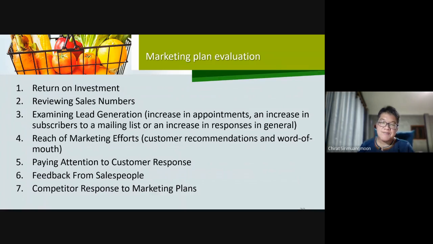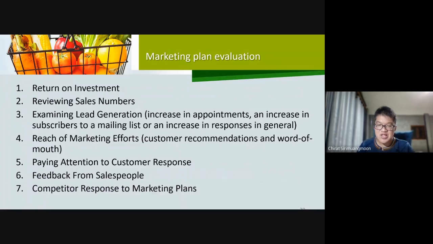If you take care of the consumer very well, you're going to have good results from consumer recommendations, and it's good for you because for now many consumers care a lot about reviews. Or even word of mouth, where one person talks to another person and it spreads very fast. So evaluation of the marketing plan, you can do that too.